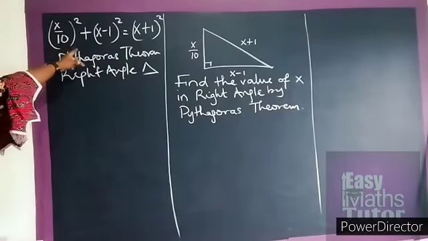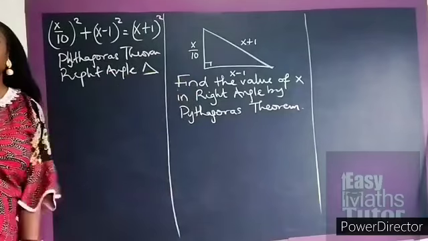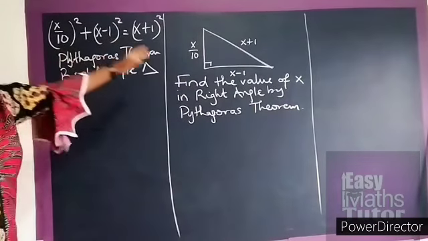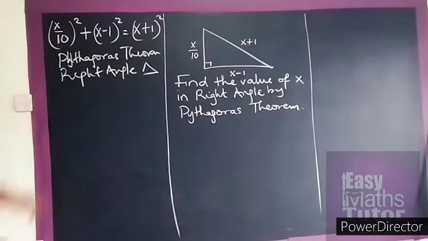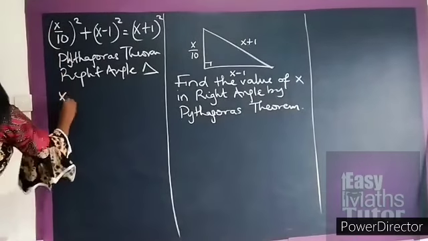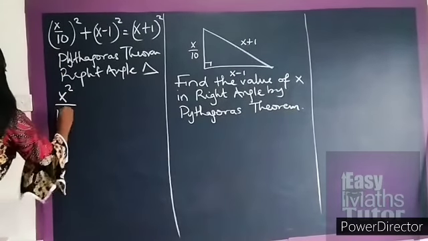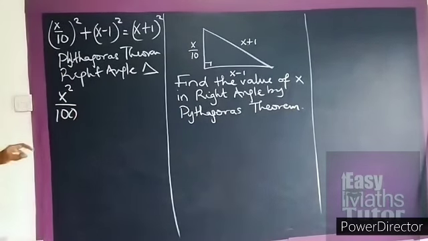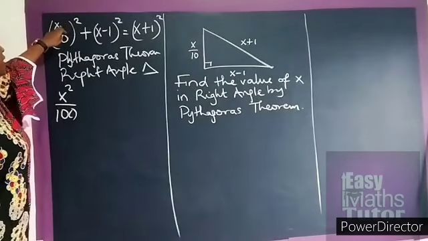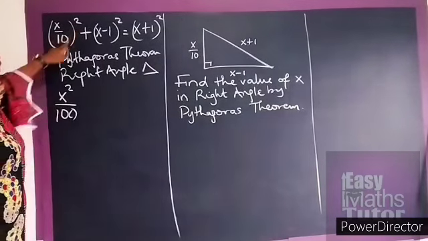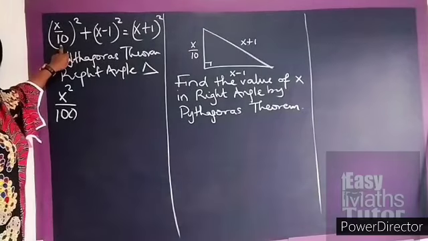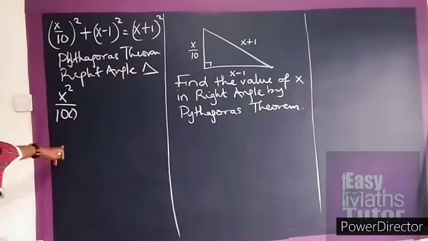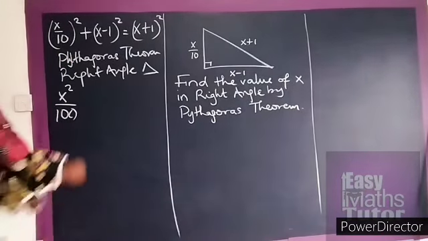So what we're going to do next, we're going to expand this function. So if we expand this, we'll have x squared over 100. Alright? X squared, that's x times x, all over 10 times 10, giving you x squared all over 100.